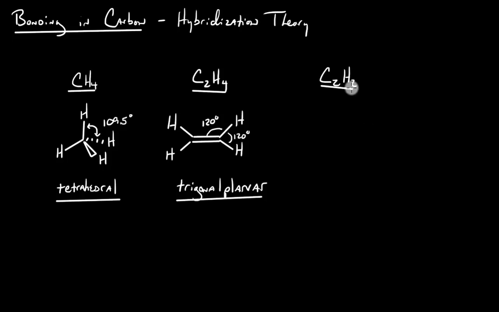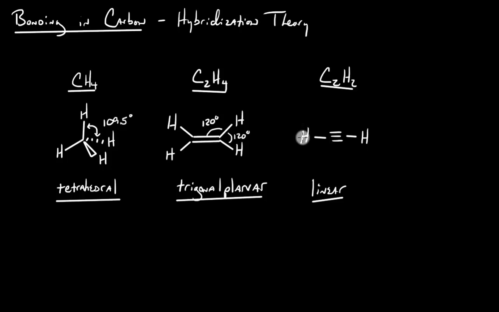The third example would be the scenario with a formula of C2H2, and the way this molecule would look is as follows. This molecule has its own particular geometry, and we call this molecule linear. This linear geometry has a certain angle associated with it as well.